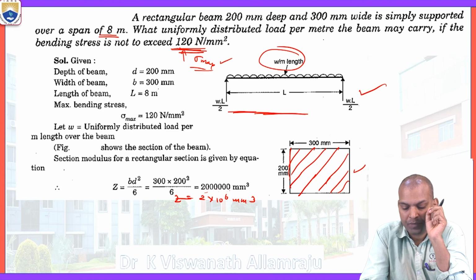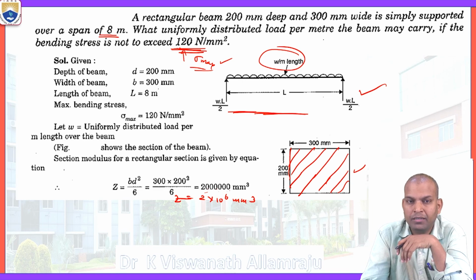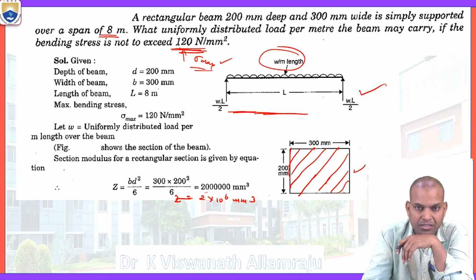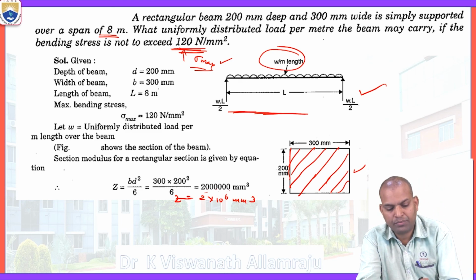The type of beam is simply supported. For a simply supported beam, we have to know the maximum bending moment, and it occurs at the midpoint.